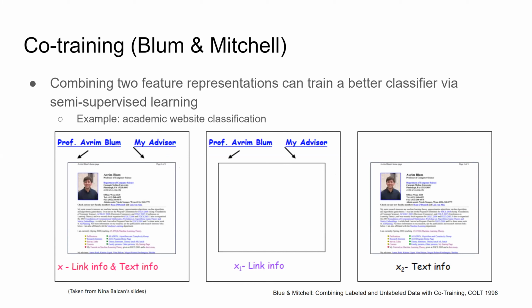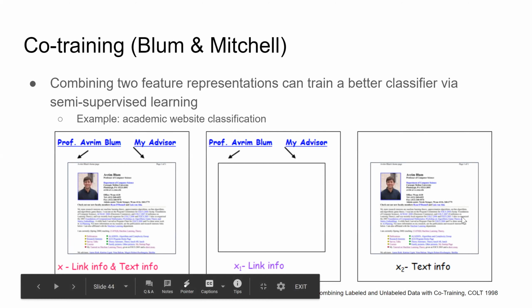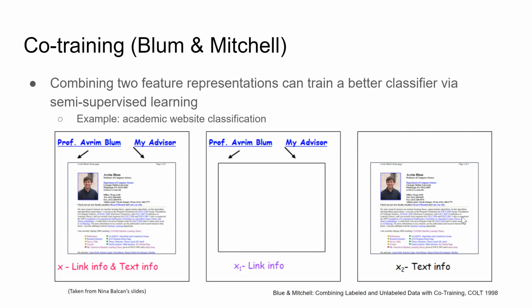The two classes of features we have are, firstly, the hyperlinks on the website, for example, they'll say Professor Blum and my advisor. Those are good indications this might be an academic website. And the second representation is the actual text on the website. They might have words like university, publication, conferences, which are another indication that this is an academic website.